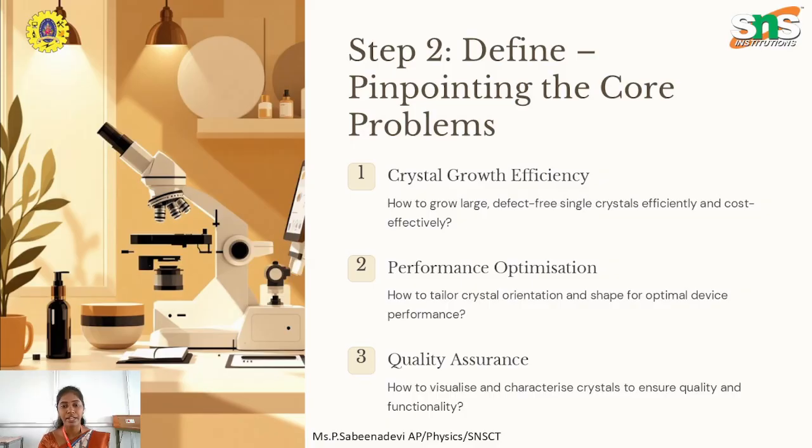The next step is define, pinpointing the core problems we found in the empathy step. The first one is crystal growth efficiency: how to grow large and defect free single crystals efficiently and cost effectively. The second one is performance optimization: how to tailor crystal orientation and shape for optimal device performance.